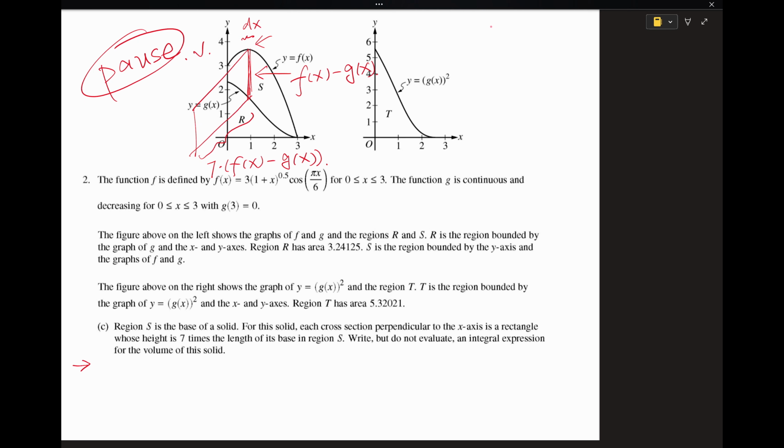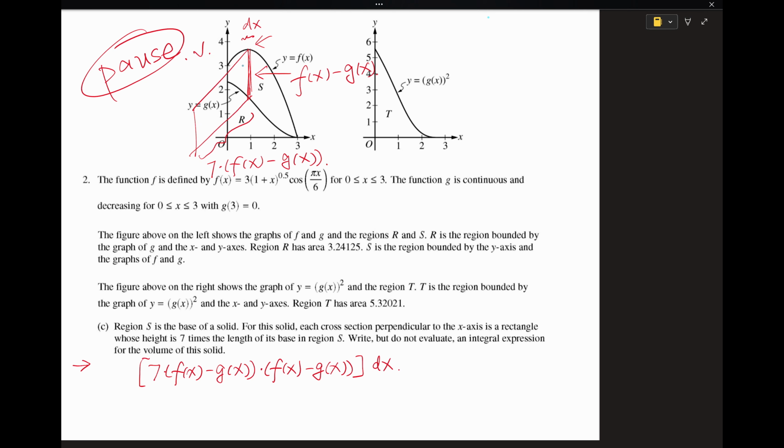So the expression of the volume of this slice would be equal to 7 times f(x) minus g(x), times f(x) minus g(x), and times dx.